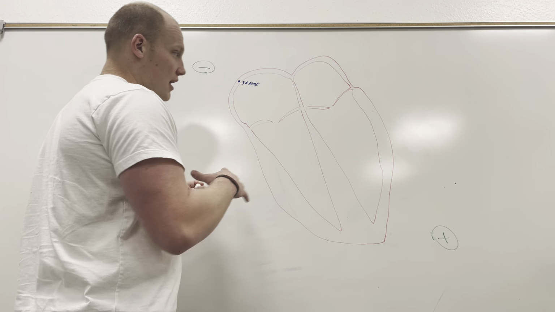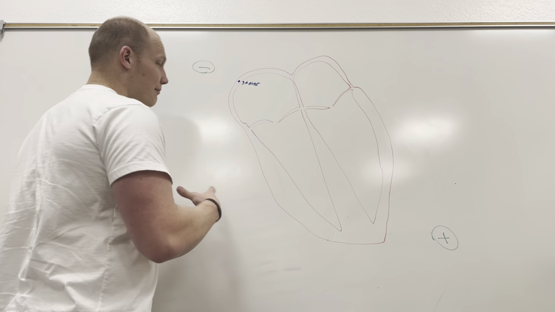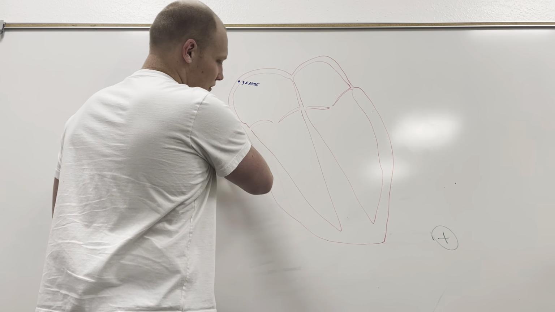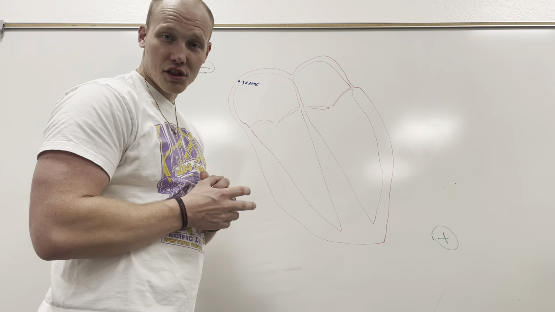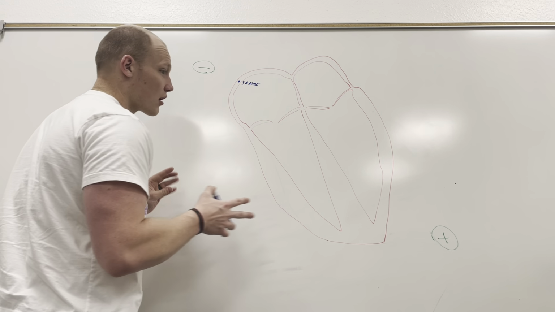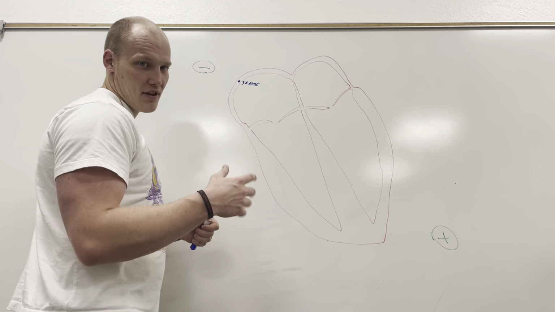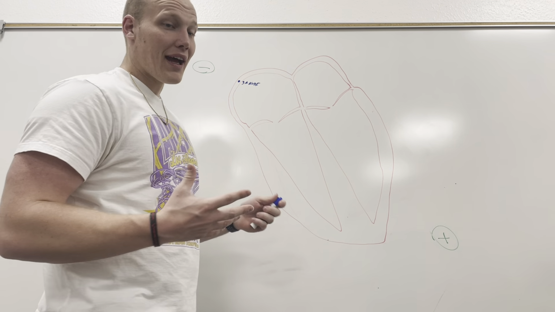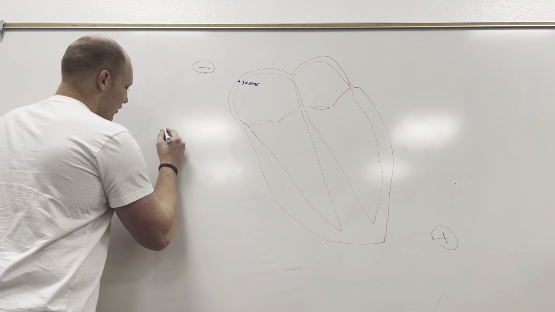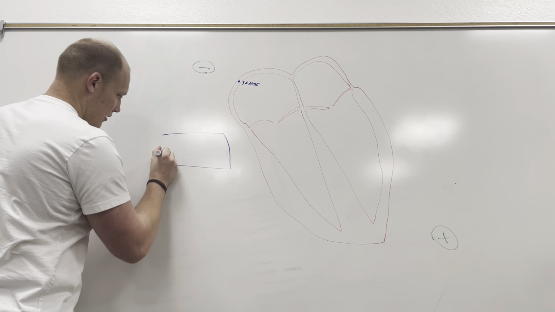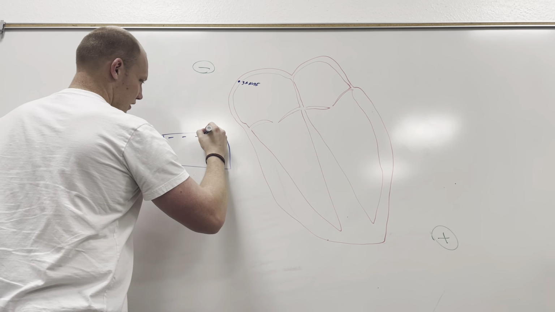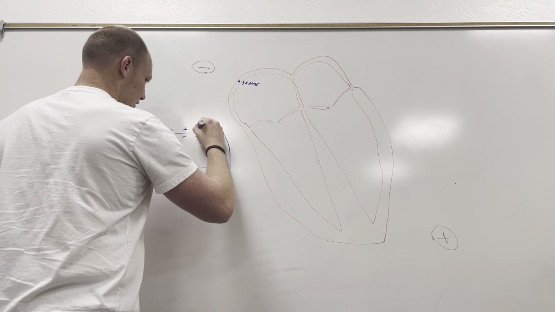And so the ECG really measures changes in electric fields and depolarization across the heart. But it does this by measuring the electrical current outside of the cells. What we mean by that is when a cell depolarizes, if we have a cell here, we have a bunch of negatives inside and a bunch of positives outside.